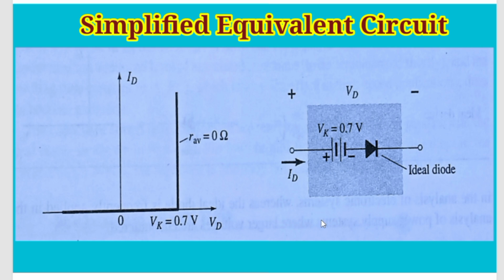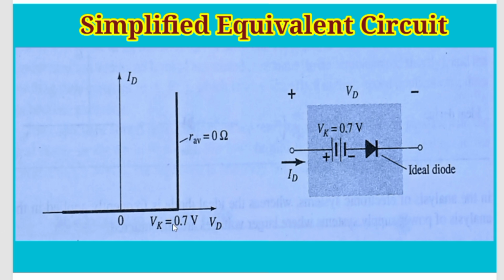For most applications, the resistance R average is sufficiently small to be ignored in comparison to the other elements of the network. Removing R average from the equivalent circuit is the same as implying that the characteristics of the diode appear as shown here.